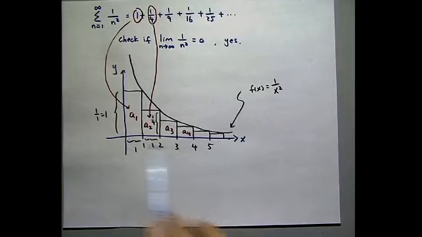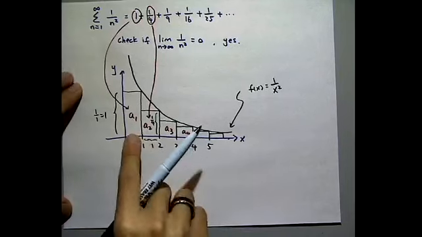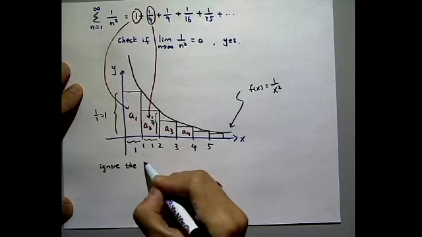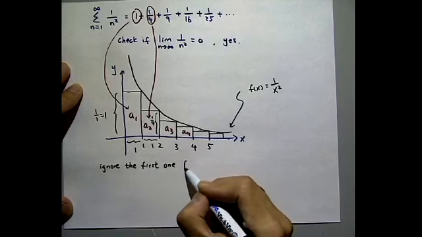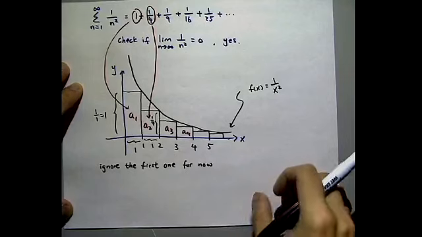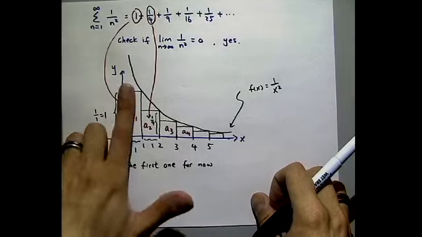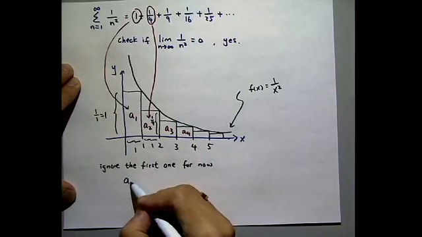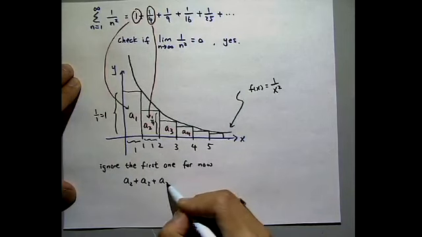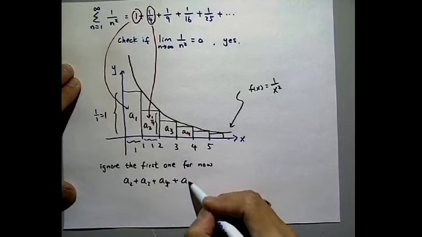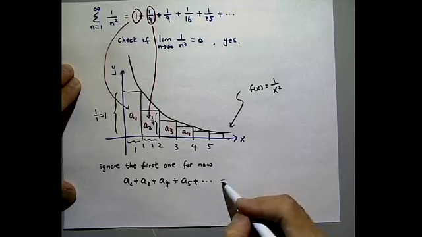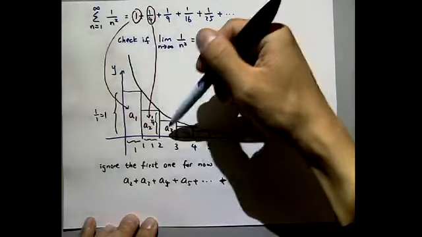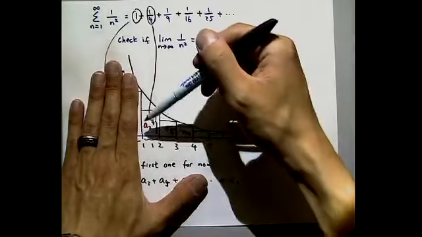Now let's look at this thing here. Notice that if we momentarily ignore A1, the first rectangle for now, and I add up A2, A3, A4, A5, and so on, so if I keep adding all of these up, we're looking at the area from here on.